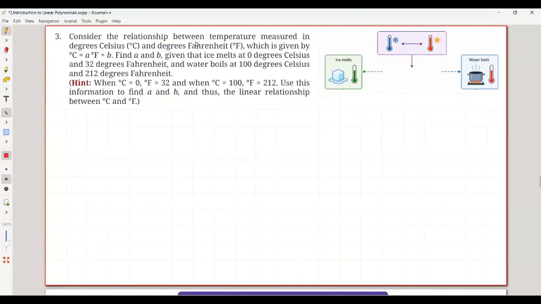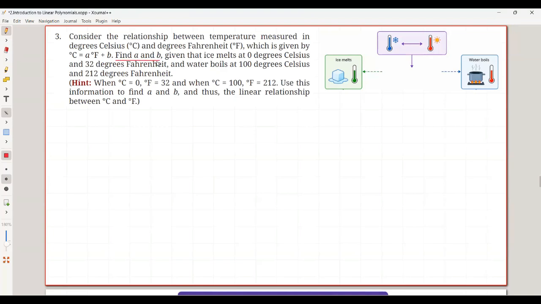Now consider the relationship between temperature measured in degrees Celsius and degrees Fahrenheit, which is given by degree Celsius is equal to a into degree Fahrenheit plus b. Find a and b.